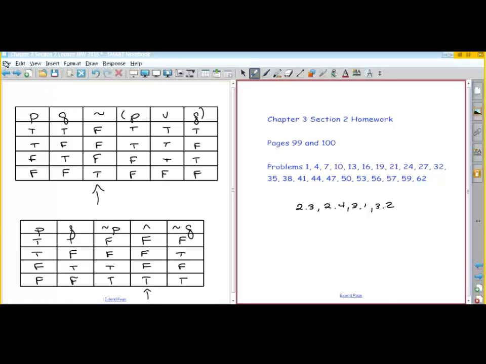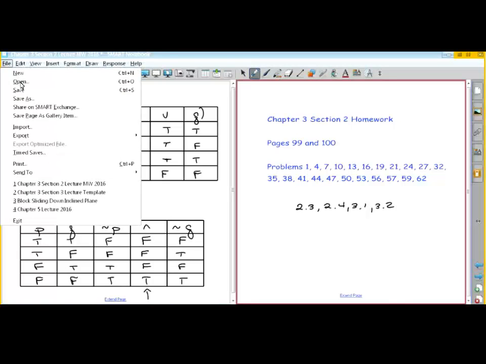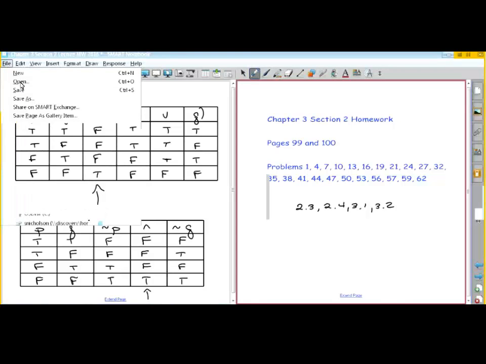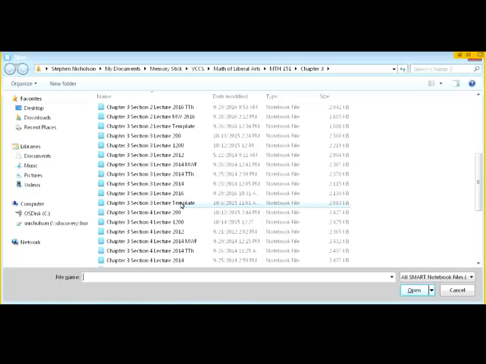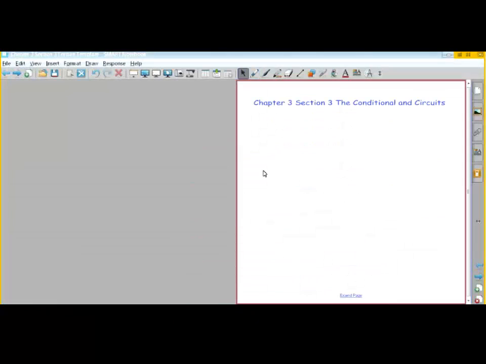So we're going to move on to Section 3 now. And there's not a whole lot. We're going to do some more practicing. We're practicing with truth tables. We just have one more operator, logic statement, and it's called the conditional.